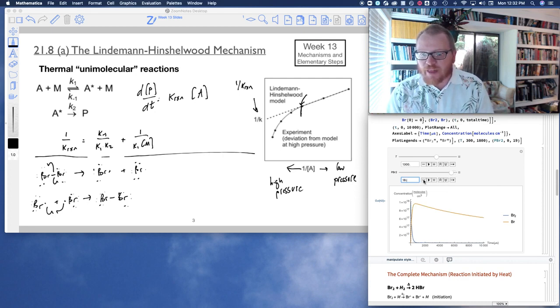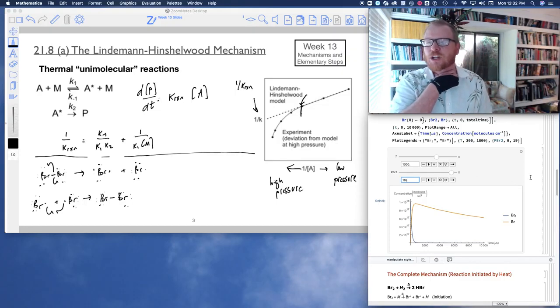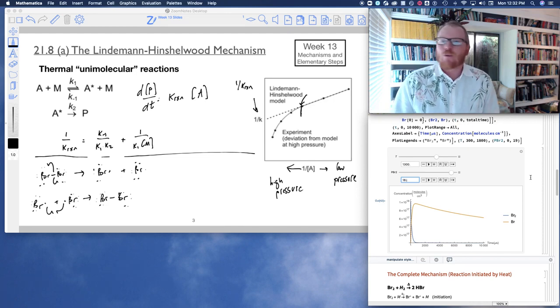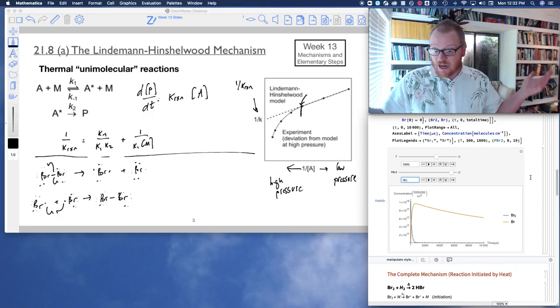I could even turn that down by an order of magnitude to be more appropriate, like a Dalton's law of partial pressures situation, where perhaps I've got 0.1 atmospheres of Br2 and roughly 1 atmosphere of my bath gas, the second body. Really, this is like having a solvent and a solute, right? Bromine is now my solute, and the bath gas is now my solvent.